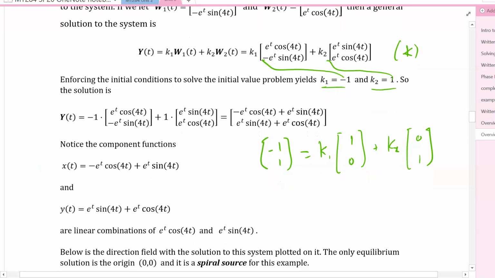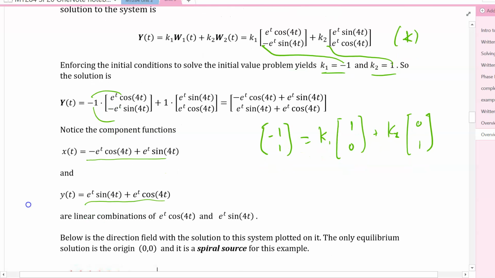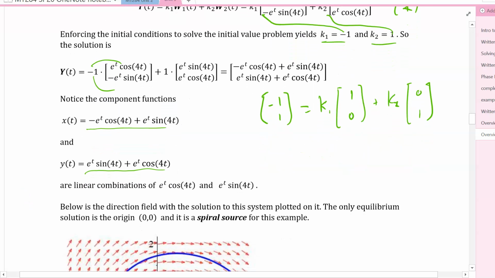In the next step down below here, we're just going to multiply the negative 1 to each component. Multiplying 1 in the second vector by each component doesn't change anything, but it allows us to write the solution to this system down as one single vector. We've got the x component function, the first one, and the y of t function is the second component. Notice there also are linear combinations of exponentials and trig functions.